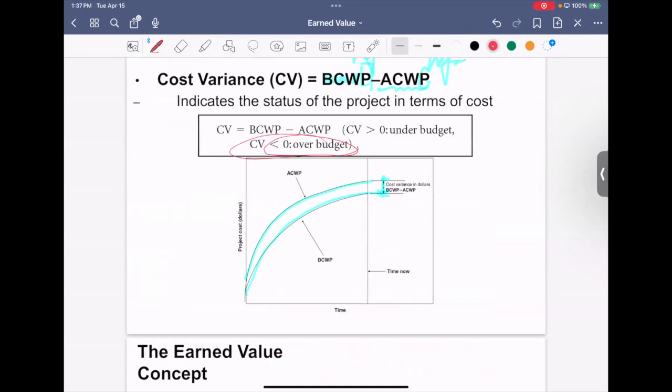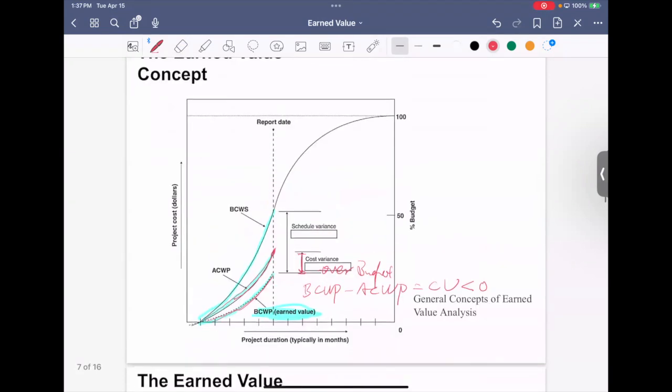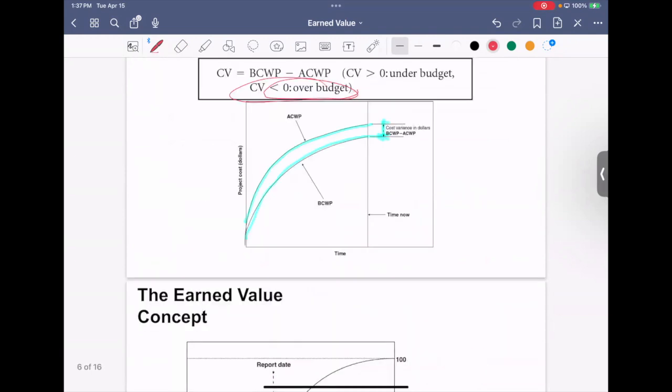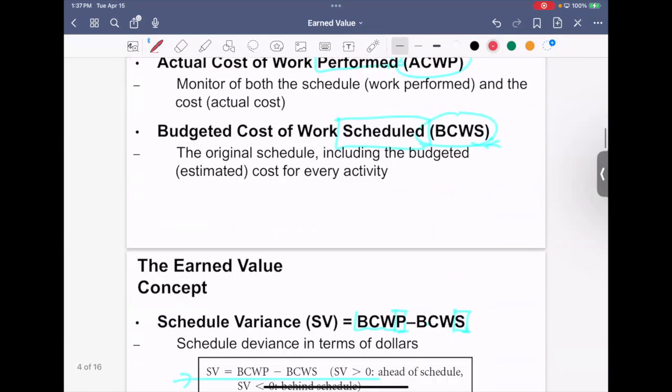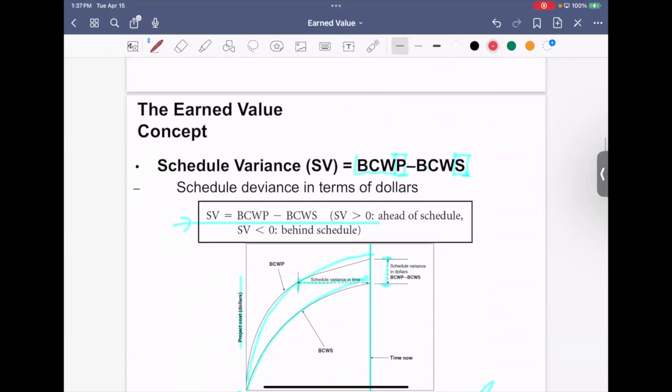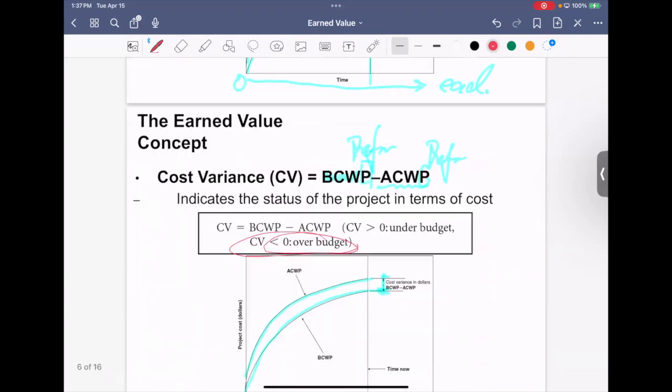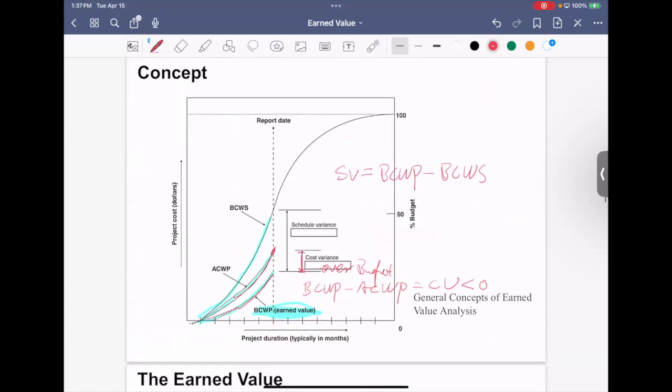But if you're looking for schedule variance, your schedule variance is equal to BCWP minus BCWS. Check here again: BCWP minus BCWS. Your performance is BCWP because this is the earned value, it is always at the beginning.